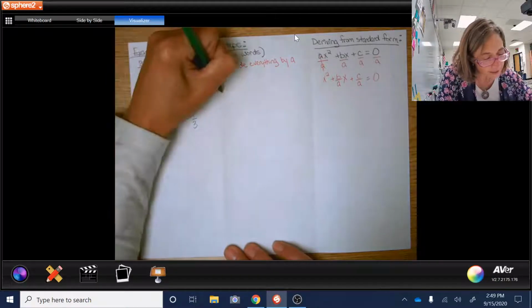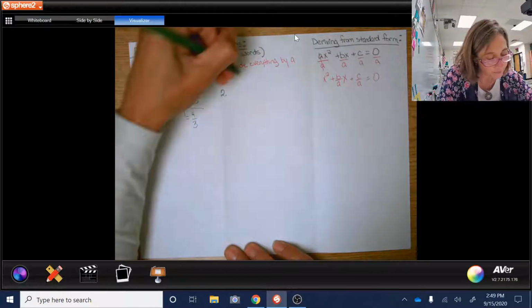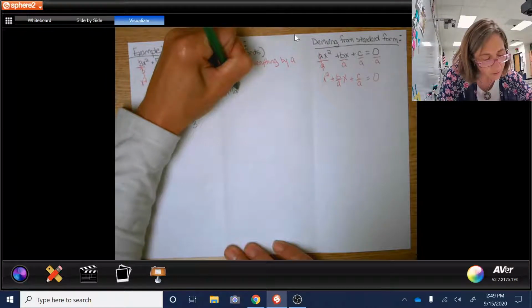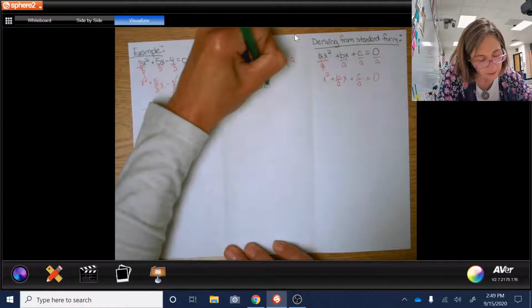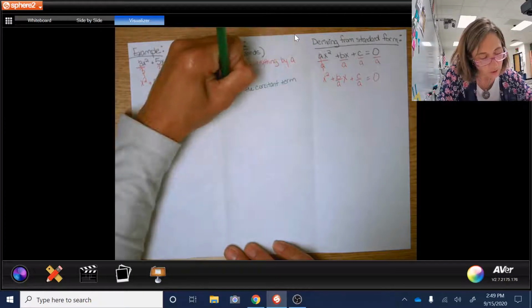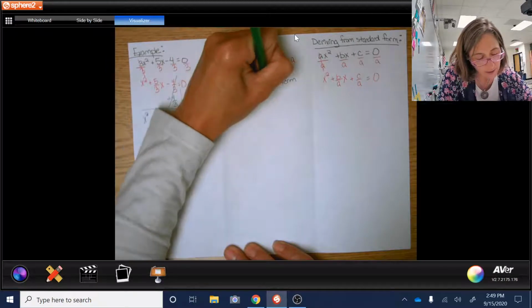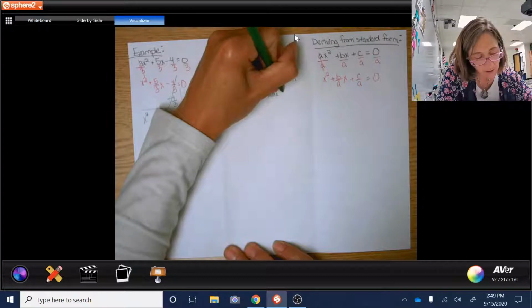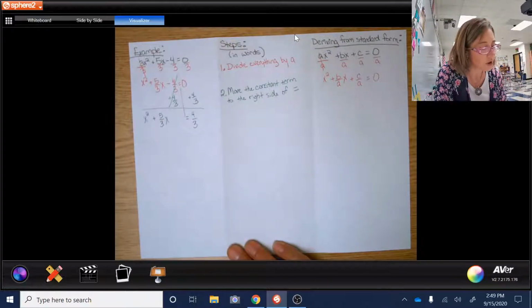So what I'm doing in that step is I'll say move the constant term to the right side of the equals. Okay, so we move the constant term over there to the right side.